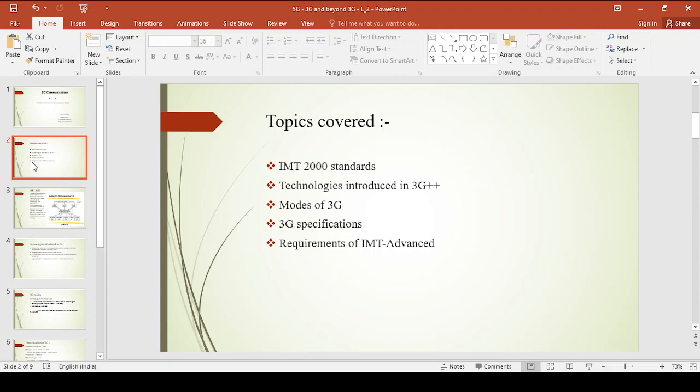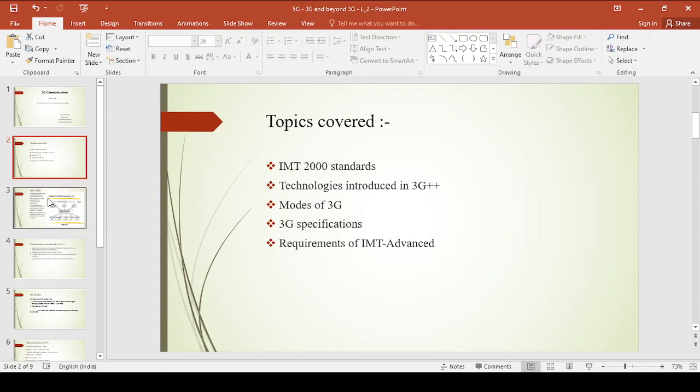Now, these are the topics covered in this lecture. One is the IMT 2000 standards. Next we will see the technologies introduced in 3G plus, nothing but 3.5G and 3.9G. Later we will see the modes of 3G, the specifications of 3G, and after that the requirements of the fourth generation system, right?